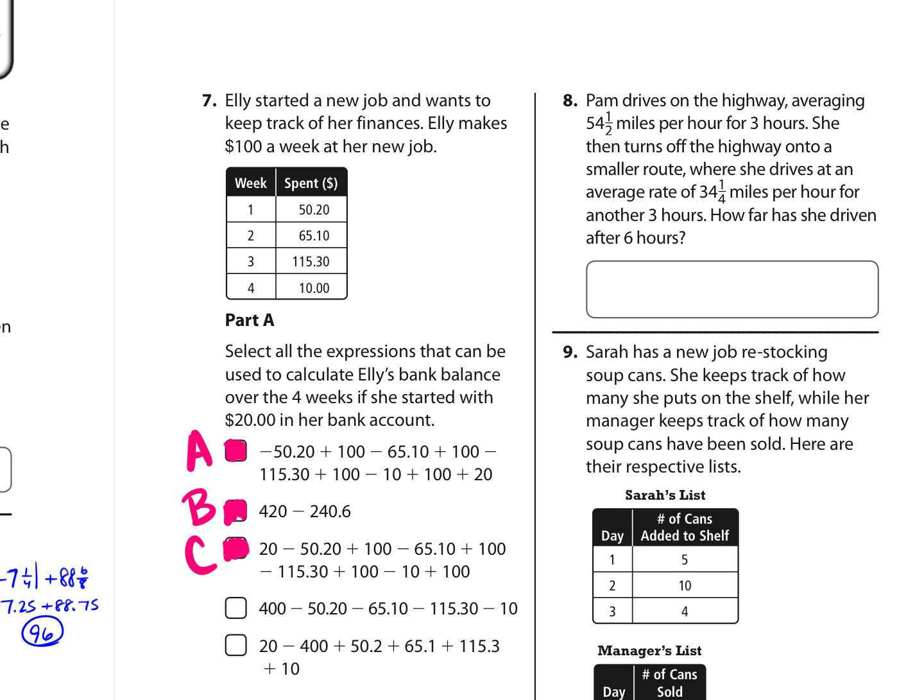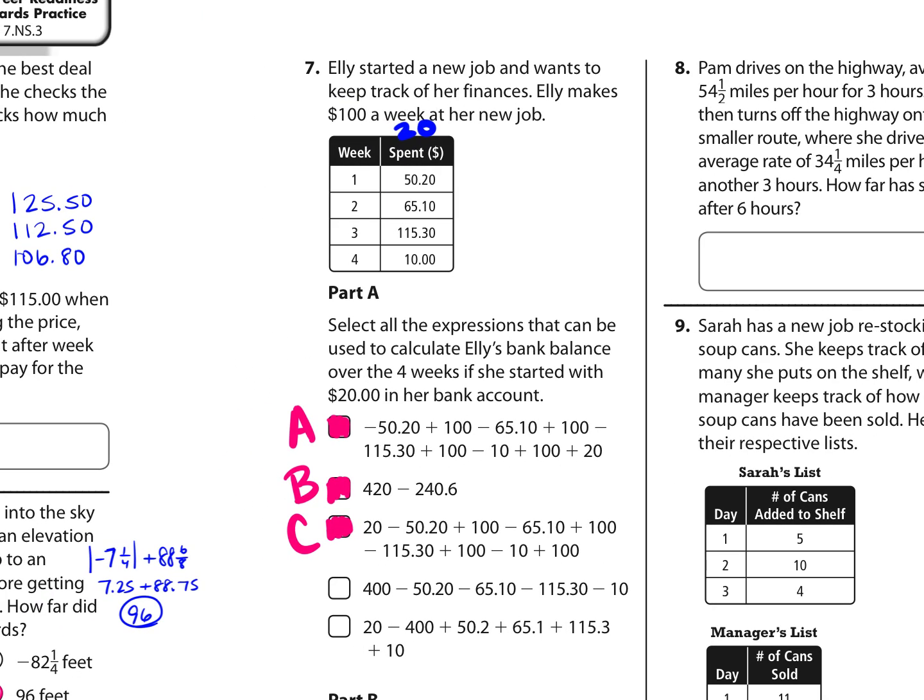So let's keep this in mind. She starts at $20, and what she spends is actually subtracting. But she's adding $100 every week as she goes. So she subtracts this, adds 100, subtracts the next amount, adds 100, subtracts the next amount, adds 100, subtracts the next amount, adds 100, and she started at 20.